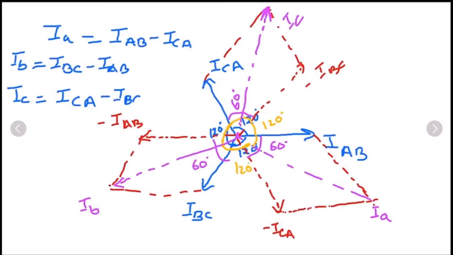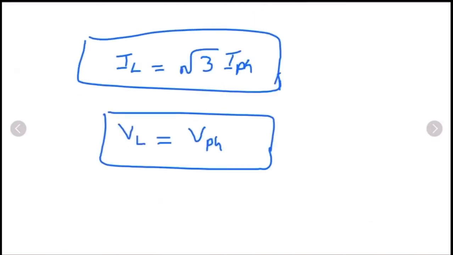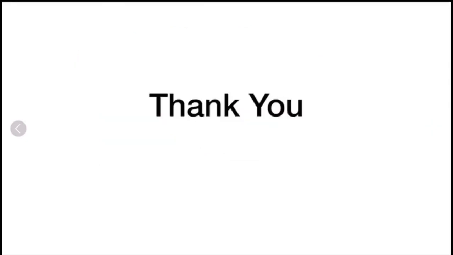So our phasor diagram is correct. It is very easy if you know how to find these three equations. After knowing them, you can easily draw the phasor diagram and, by using the parallelogram method, get these relations. So this is for current and this is for voltage. Hope you have understood properly. Thank you.